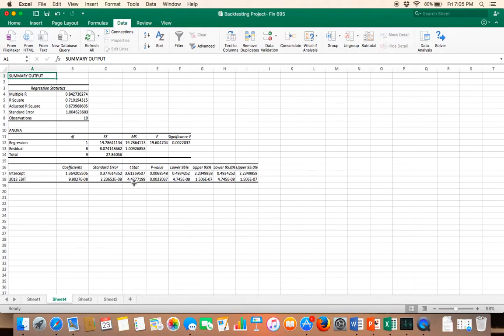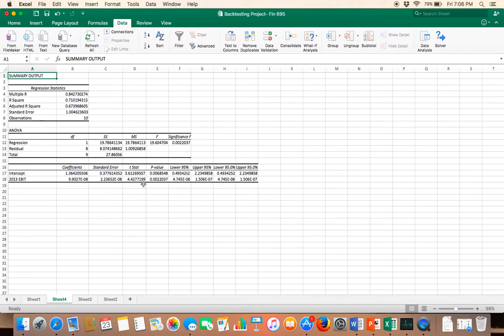The t-stat is 4.42, so again based on the baseline of 1.65, we see here that there is again a statistical relationship between the earnings before interest and taxes and the earnings per share. The p-value is 0.002. Again, that's less than the baseline of 0.05.